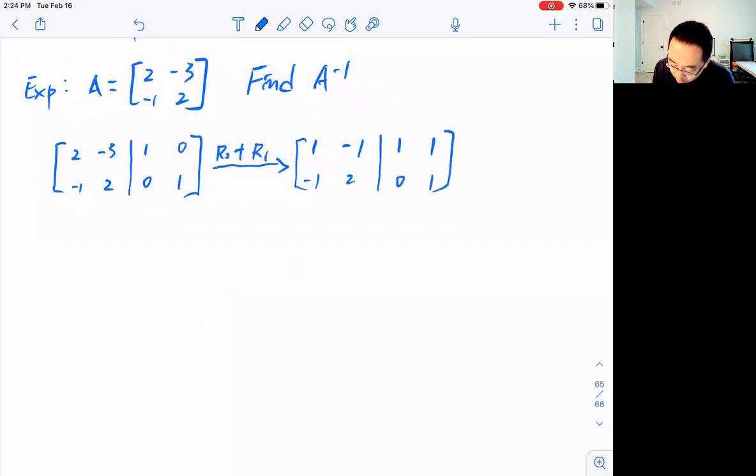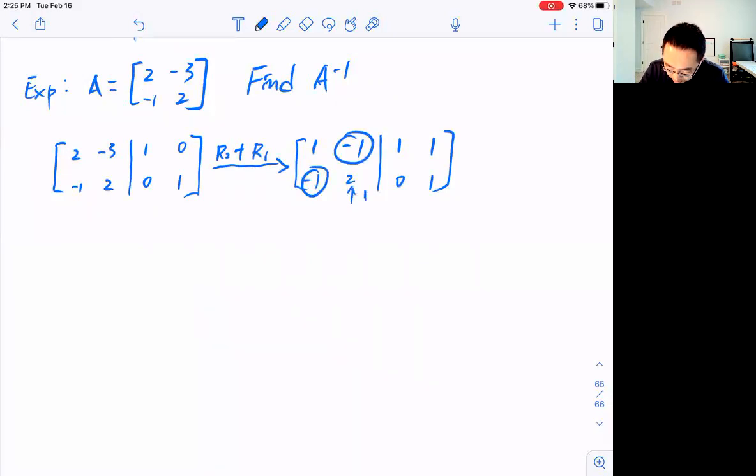So your row operation changed this row, and as a result, you did exactly the same operation on this row as well. Both sides of this augmented matrix get the same row operation. Okay, so now I want to make sure these two numbers become 0, and then this 2 needs to be a 1, right?